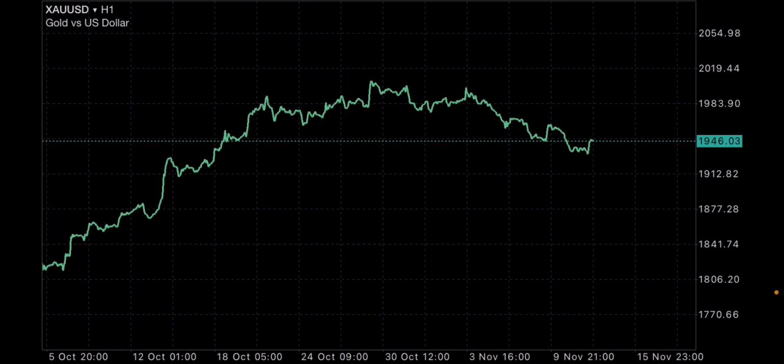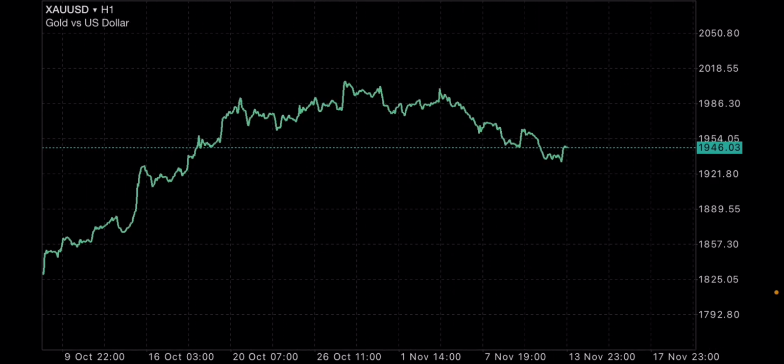Also, you might notice that there are certain dates at the bottom of the screen, like October 5th. All that's saying is the time. In trading, the time frame is UTC, so it's basically in UTC time.